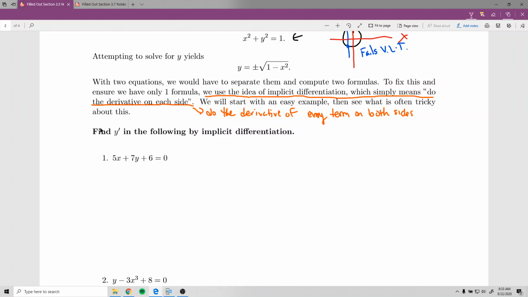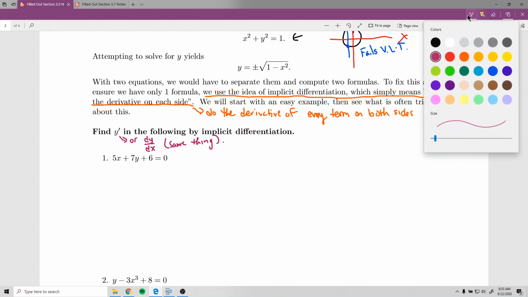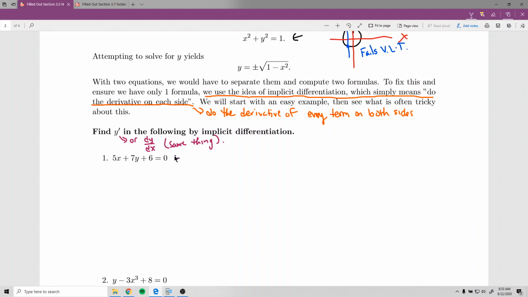Okay, so the first, it says find y prime, all right, or dy over dx, because that means the same thing, of this function. And the first one we have here, 5x plus 7y plus 6 equals 0. Sorry, this equation, it's not necessarily a function. So we do implicit differentiation because y is not solved by itself. Do the derivative. What we have to do is with respect to x because we want y prime.